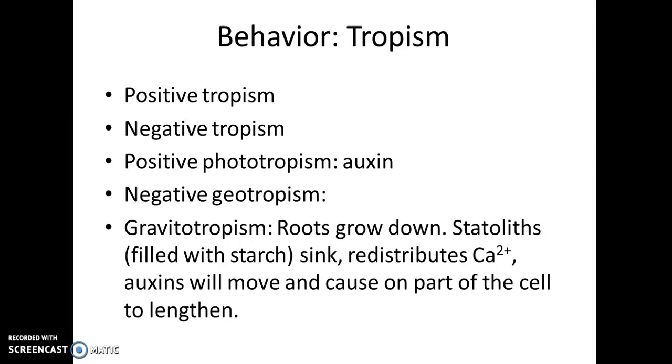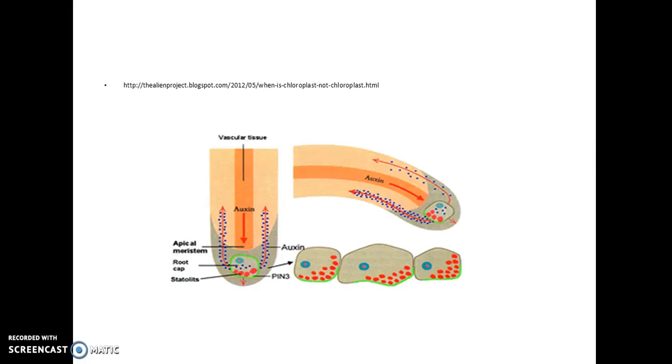Now these statoliths are chloroplasts that are filled with starch, and they sink because of gravity, which redistributes calcium. Now auxins will move because of this calcium redistribution and cause parts of the cell to lengthen. Let me show you right here. So gravity's pulling down, right?